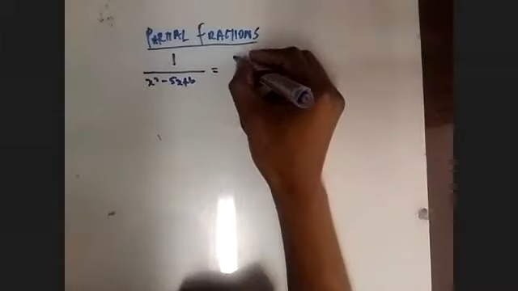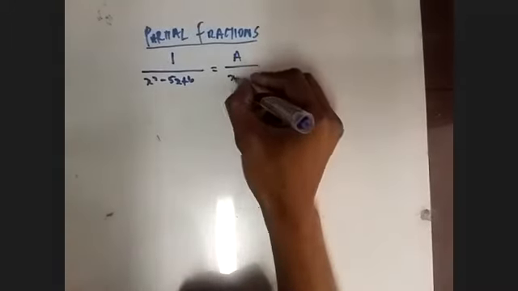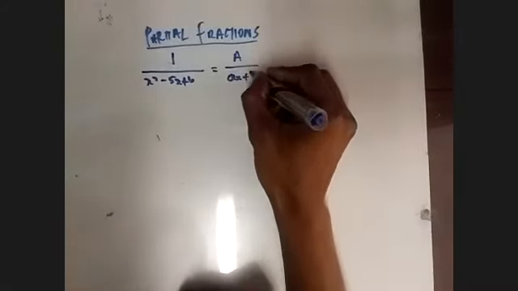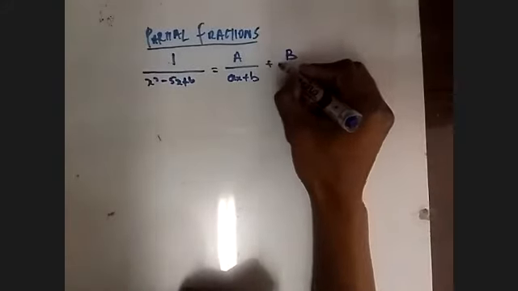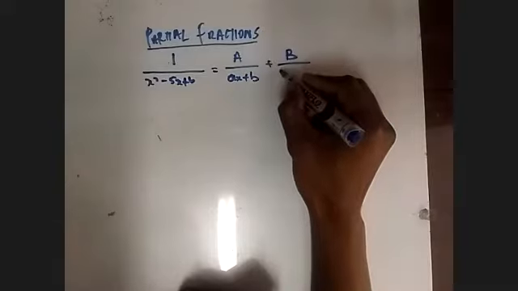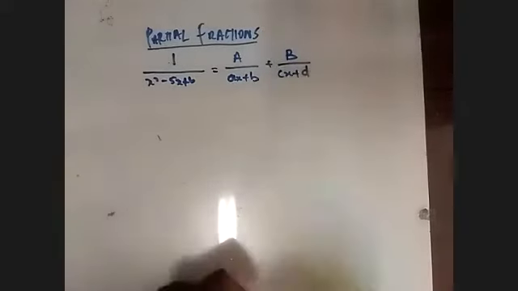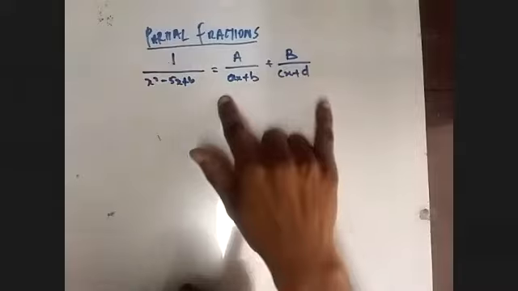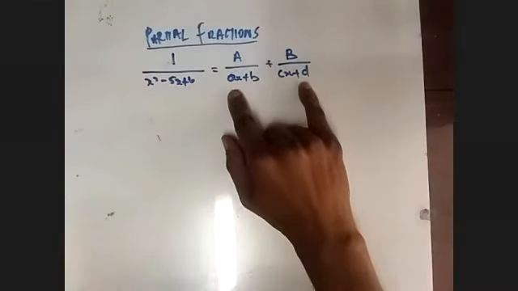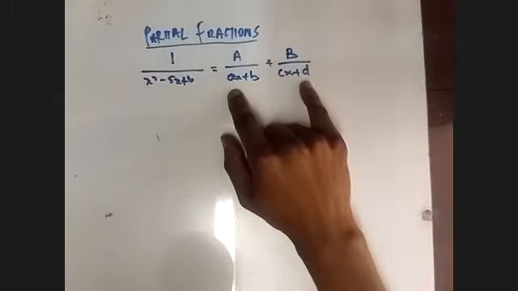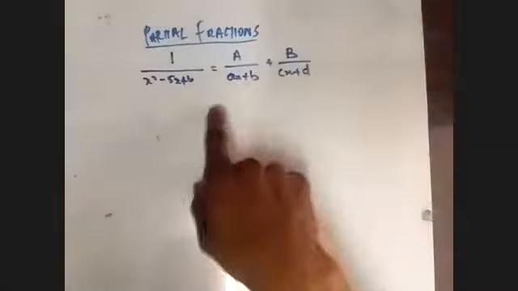I'll give you a hint: when it's decomposed, we're going to have A over x plus b, plus C over x plus d. What I'm saying is they are not going to be the same, which means it's a distinct linear factor. Then you just need to solve for A and B.